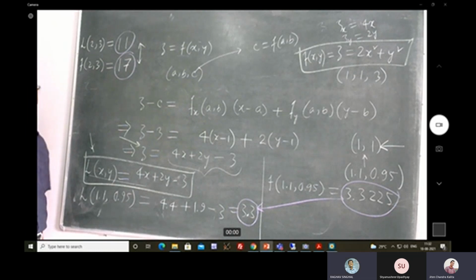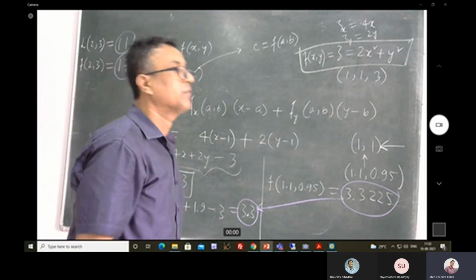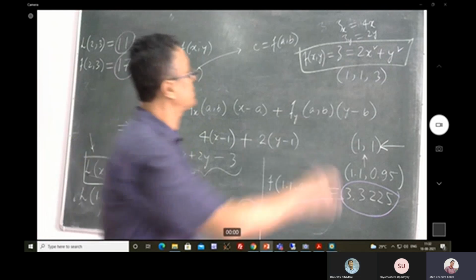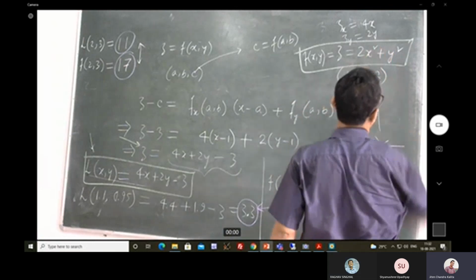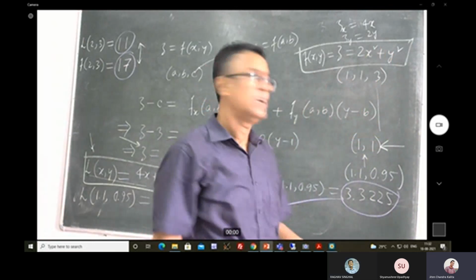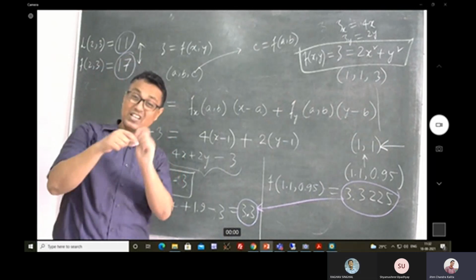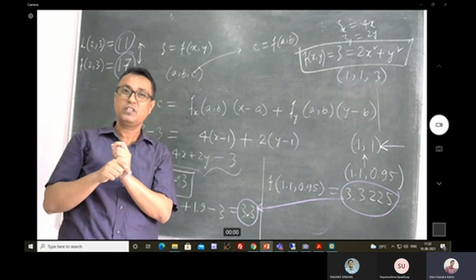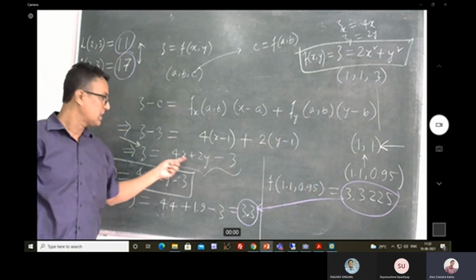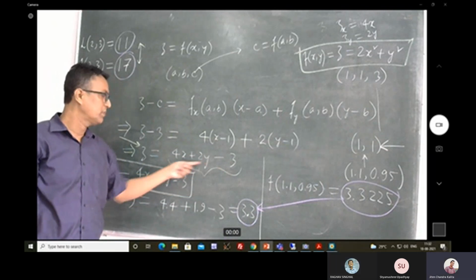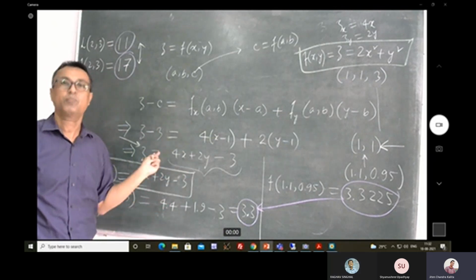Whatever function I have, like this one, 2x squared plus y squared, you may have higher powers of x and y, or a transcendental function, but eventually, if you consider the tangent plane to the surface, which is the graph of the function at a particular point, then you are always going to get a linear function, because x and y are always going to appear linearly. That is why it is called a linear approximation.